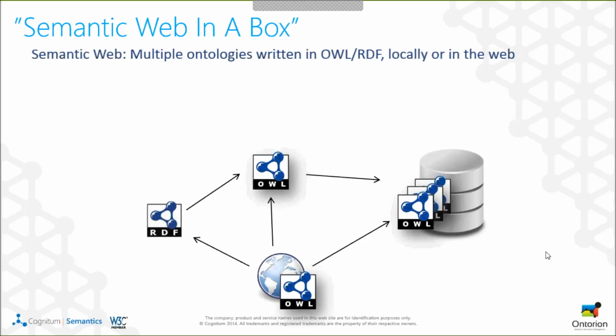use to develop ontologies. And as you see, the files can be wherever you want. You can have files on the web, or you can have files inside a database, for example, or locally. And the whole point of the ontologies is the fact that they can reference between themselves.